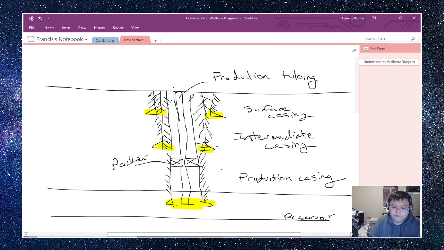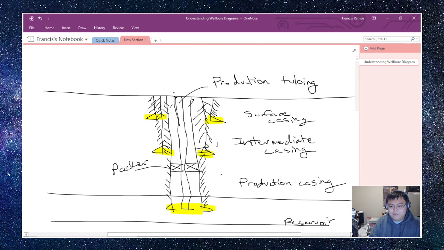There is casing and tubing, which are defined based on their position, based on their function, based on their material, their OD and ID, their outer diameter and their inner diameter, their, what is it called?